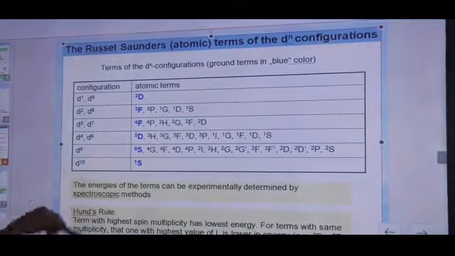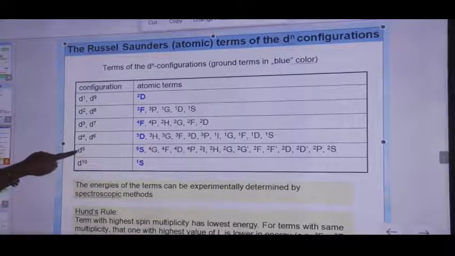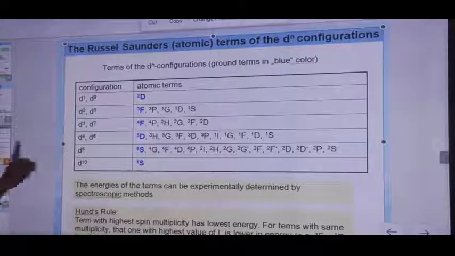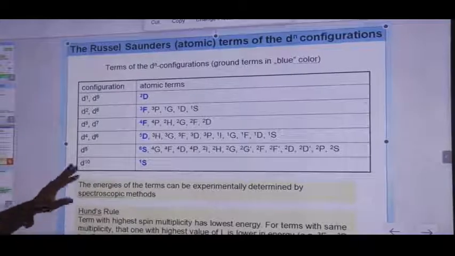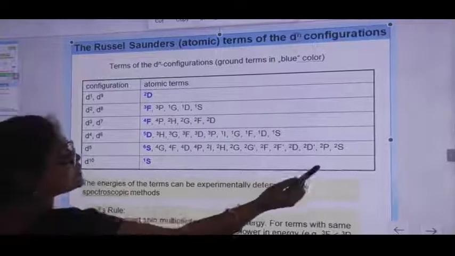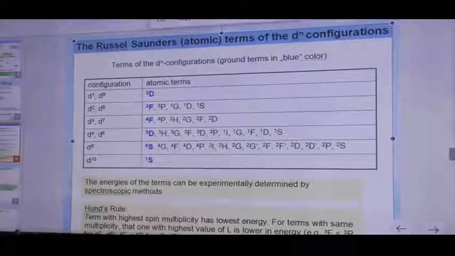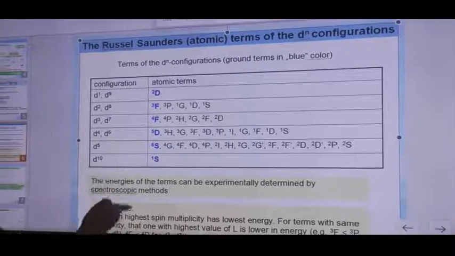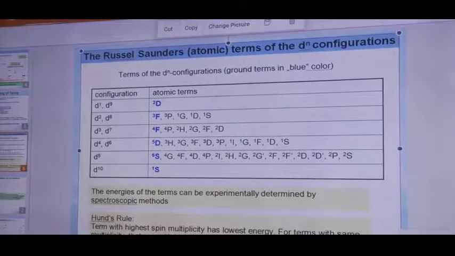So, how to proceed then? Find the d electron configuration, find the number of d electrons, arrange them in different orbitals, find the microstates, then find the different terms. Out of these terms, find the one which has the highest spin multiplicity. If there are two or more terms with similar spin, then find the L value.